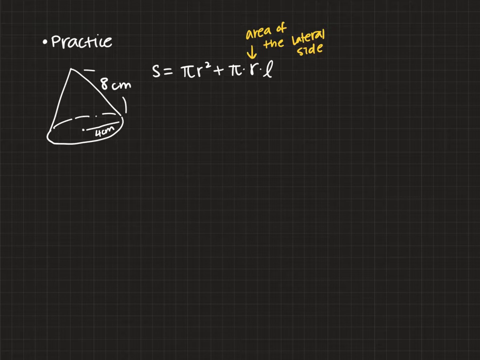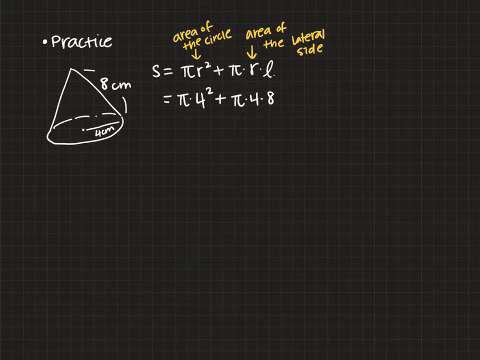I have first the area of the circle, which is going to be pi times 4 squared, which is the same thing as pi times 4 times 4, and then add that with pi times 4, which is r, times 8, which is L. So I have pi times 4 times 8.